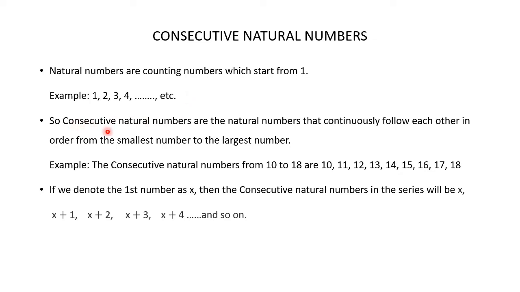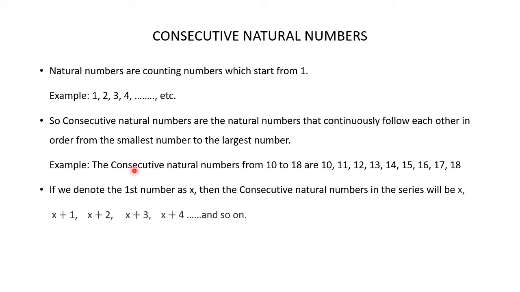So now, consecutive natural numbers are natural numbers that continuously follow each other in order from the smallest number to the largest number. So what are consecutive natural numbers? Consecutive natural numbers are natural numbers that follow each other without leaving any gap from the smallest number to the largest number.